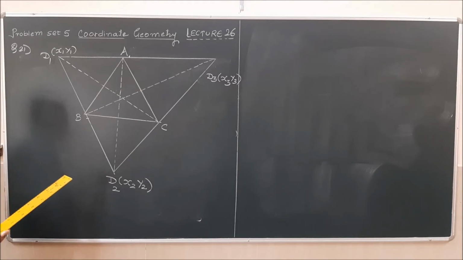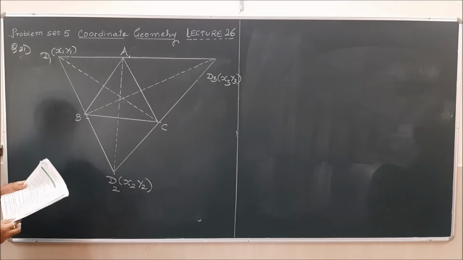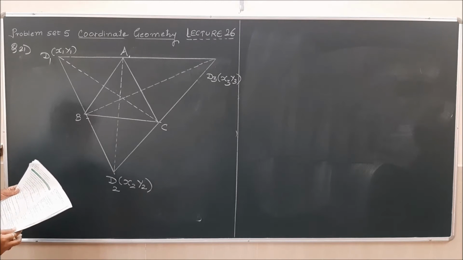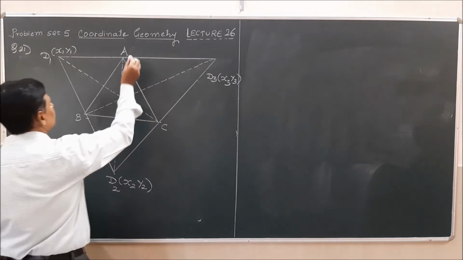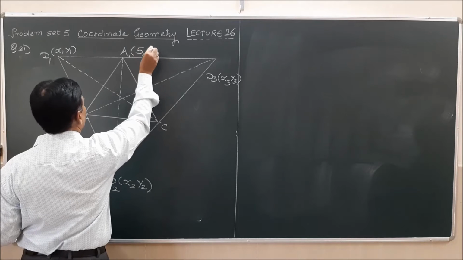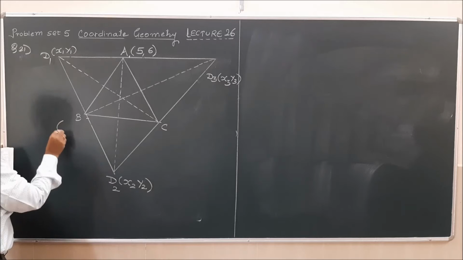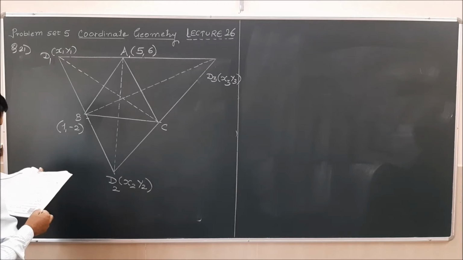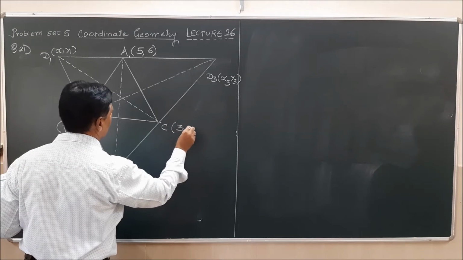In this case, you will find, dear students, I am reading the question now: find the possible coordinates of the fourth vertex D of a parallelogram if three of its vertices are A(5, 6), B(1, -2), and C(3, -2).